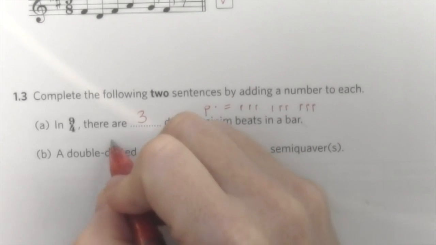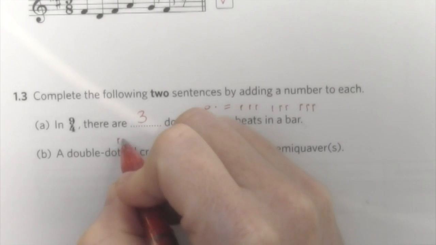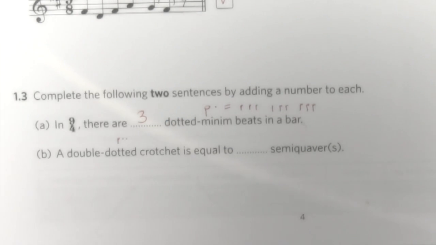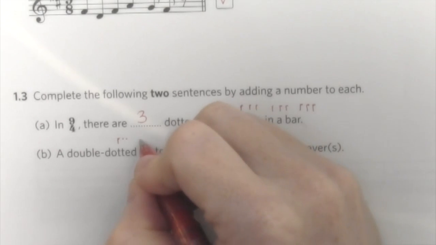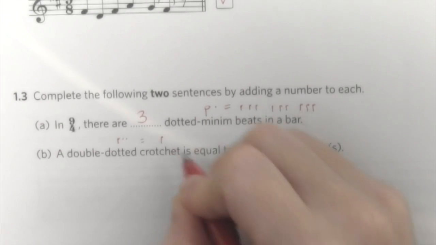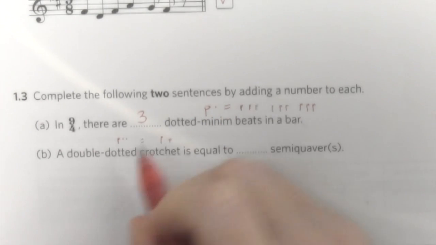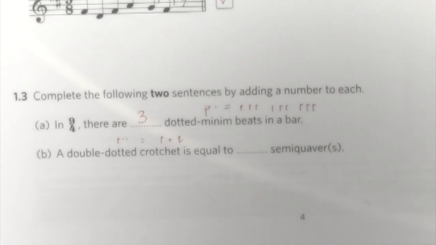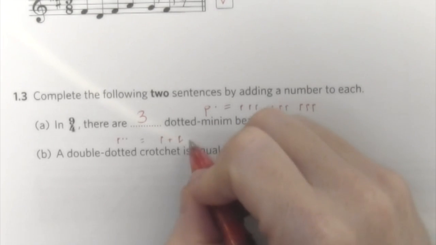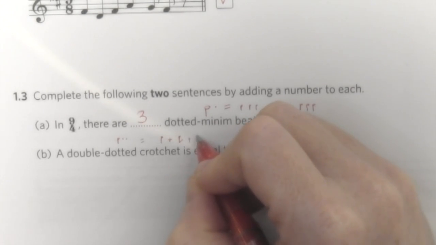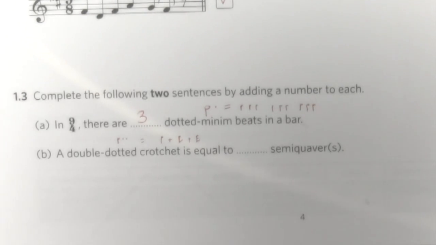Where do I do it? Here. A double dotted crotchet is equal to a crotchet plus a quaver, its half, plus the half of its half. So a semiquaver.